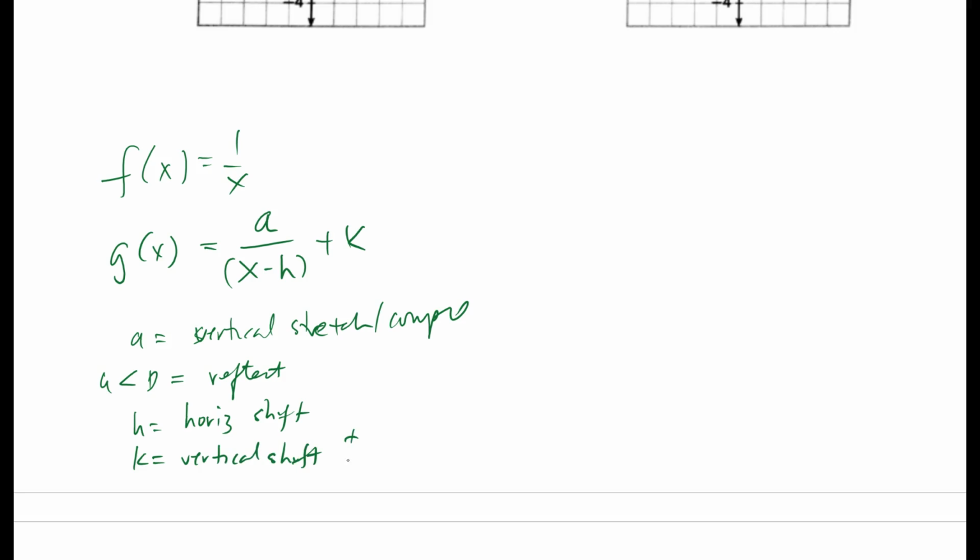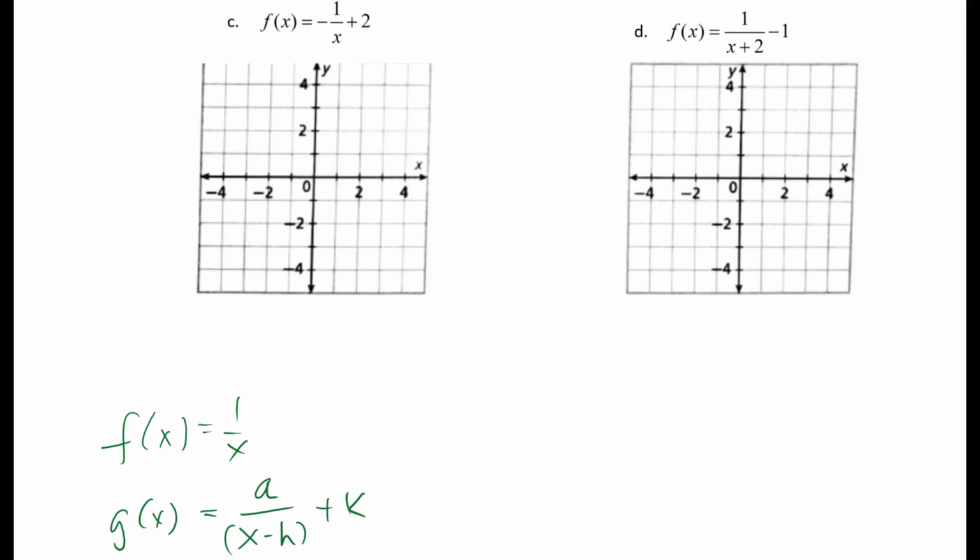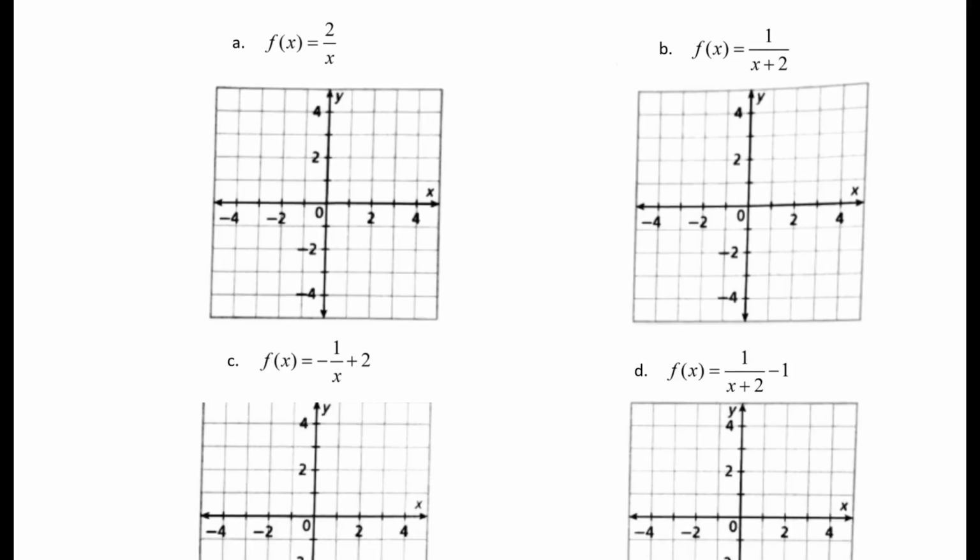If k is positive, the vertical shift is going to be up. Negative will be down. Positive h will be right. Negative will be left. I won't do all of these, I'm going to just do 2 of them, but you'll get the idea.